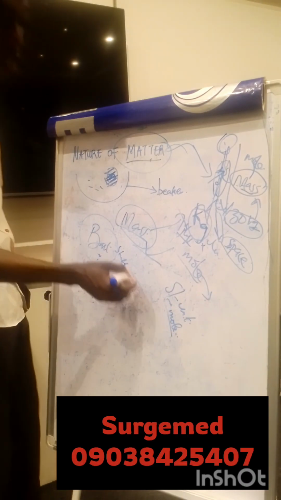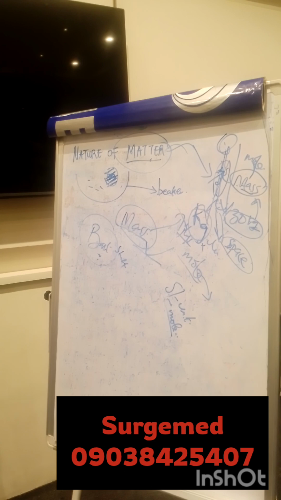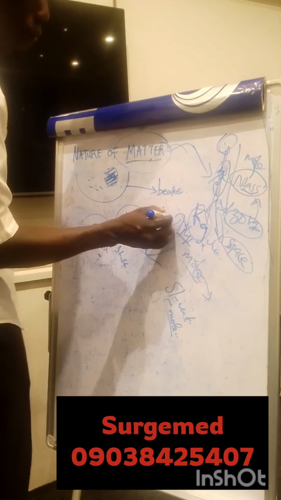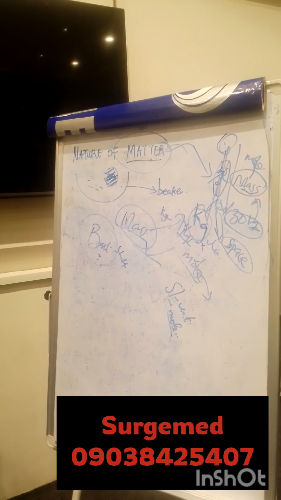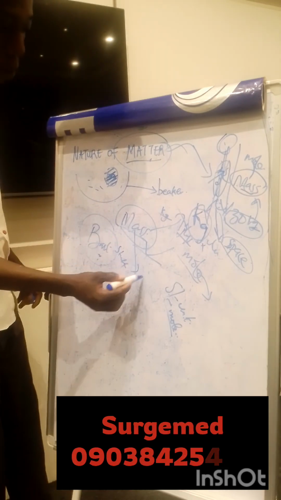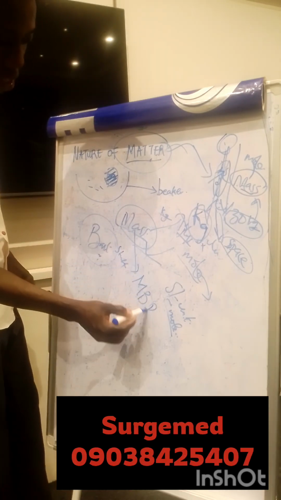I almost made a mistake before. So for practical purposes, we would say it's measured in kilogram, using your weighing balance. And in physics, I remember I mentioned what we use to measure the mass of a body from my mnemonic MBBS.